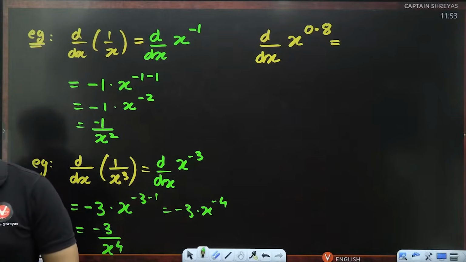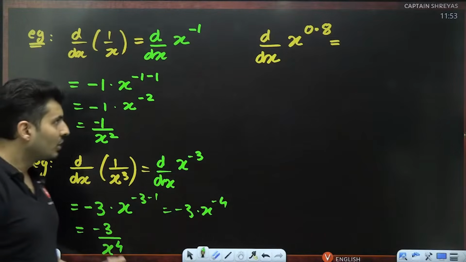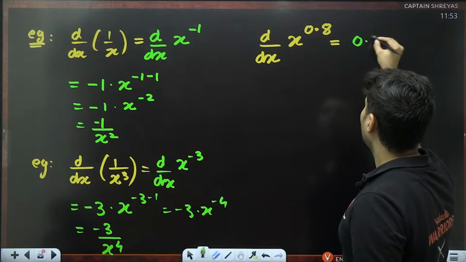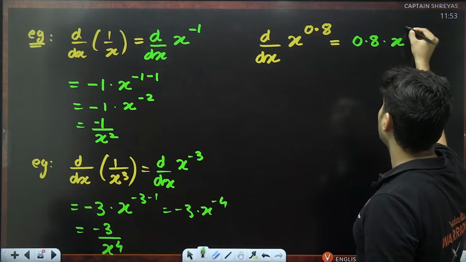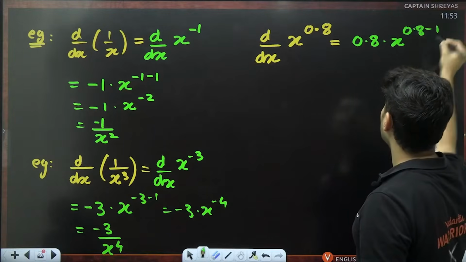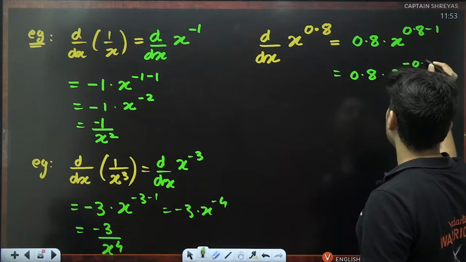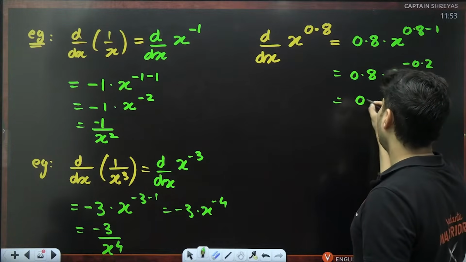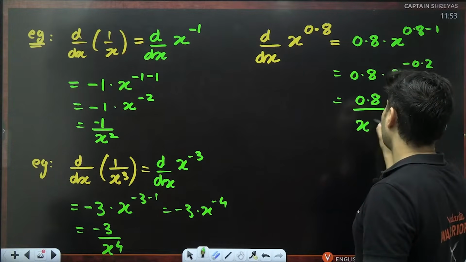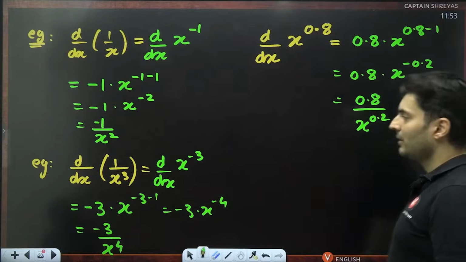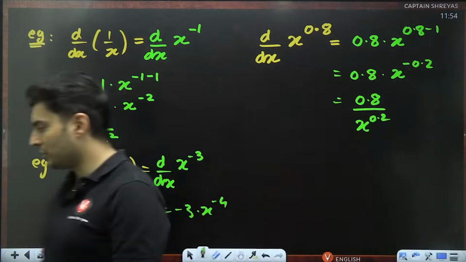Everyone? Got it? How about this? Take that 0.8 outside. It is 0.8 into x raised to 0.8 minus 1, which is basically 0.8 into x raised to minus 0.2. If you want, you can write it as 0.8 divided by x raised to 0.2. This is how you solve these questions.